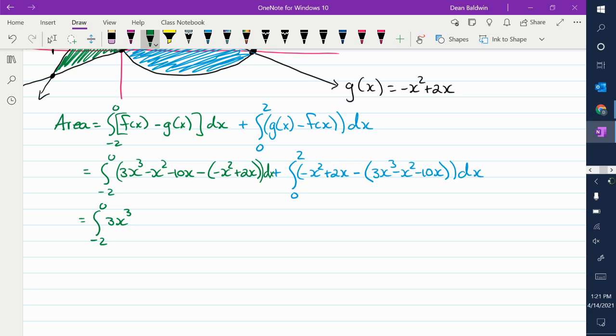So they're gone. -10x minus 2x is -12x. So that integral got a little easier. And the blue one, -x squared. Oh, sorry. 3x cubed plus x squared. Those go away. 2x.